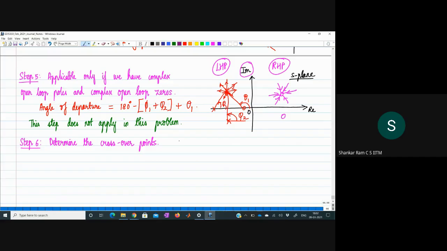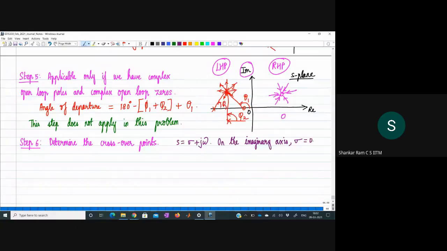We know that in general, a complex variable s can be written as sigma plus j omega. On the imaginary axis, the real part is 0.